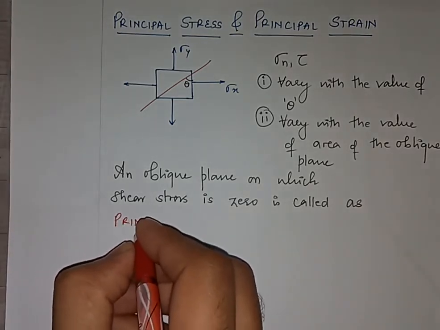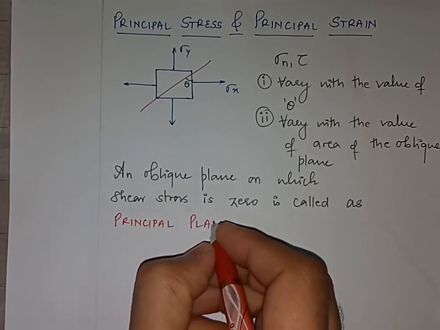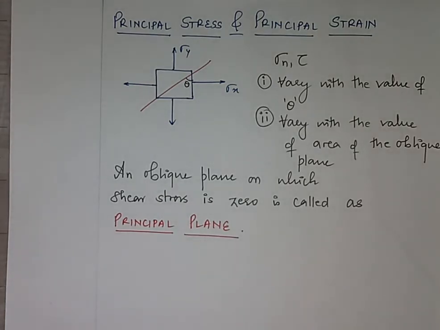An oblique plane on which shear stress value is 0, that I call a principal plane.